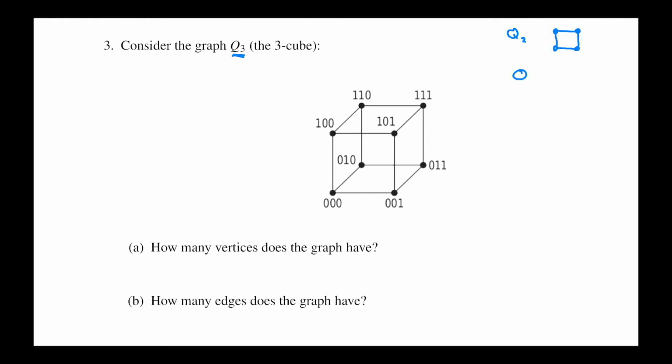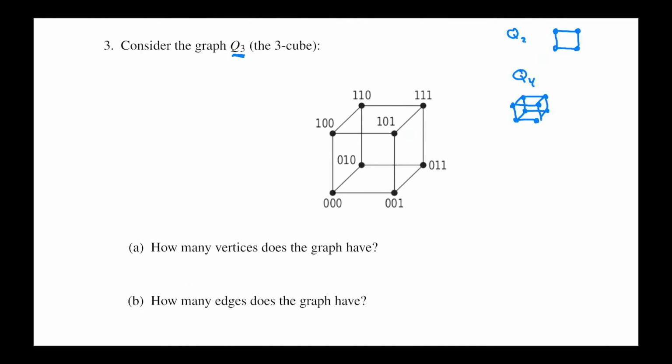And then Q4 is going to be the last one that you can draw. I don't even know why I'm wasting the time to draw it now, except that I already started. So that's Q3 that I just drew.